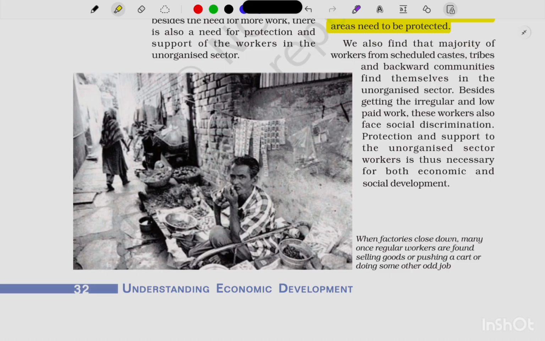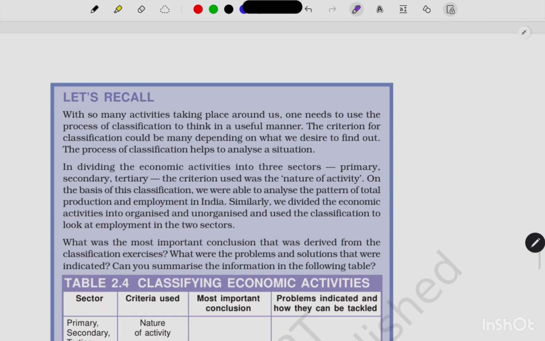Protection and support to the unorganized sector workers is thus necessary for both economic and social development. When factories close down, many once regular workers are found selling goods or pushing a cart or doing some other odd jobs. These are some of the situations. It's a pretty bad situation.